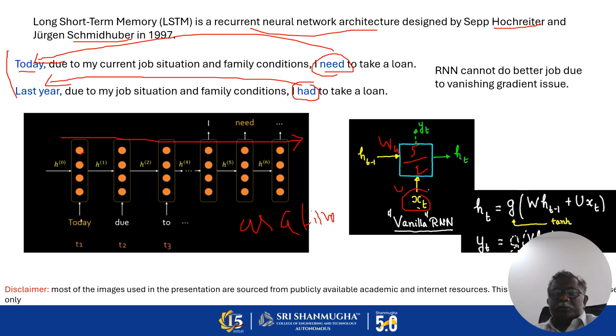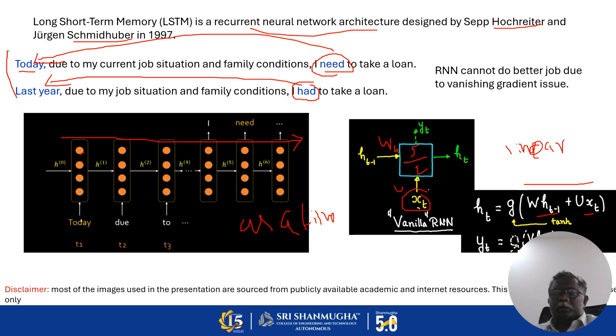So basically, what is this HT? HT is basically g of (W HT minus 1 plus U XT). This is the input, and this is the information from the previous hidden state. I can say this is a linear combination of vectors.